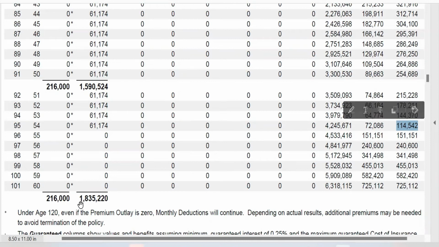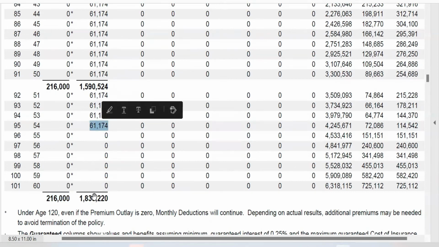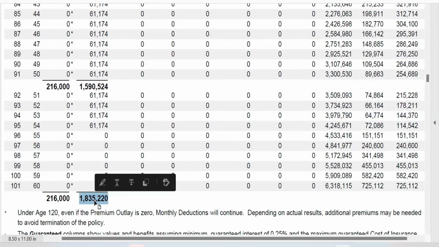Now, let's look at it. He stopped paying at age 65, so the total money he put in this policy is $216,000. But you could see that at age 95, he has taken out 1.8 million, right? This is the power of compound interest.